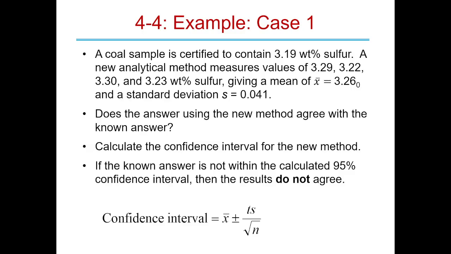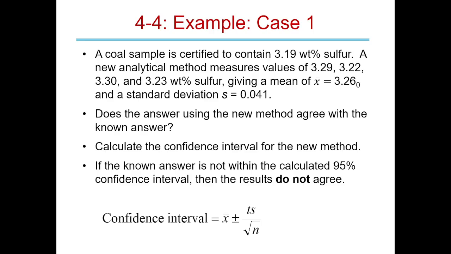This is an example of case 1. So we have a coal sample. It's certified to contain 3.19% by weight sulfur. And we have a new analytical method that we measure 3.29, 3.22, 3.30, and 3.23% by weight sulfur for that coal sample.